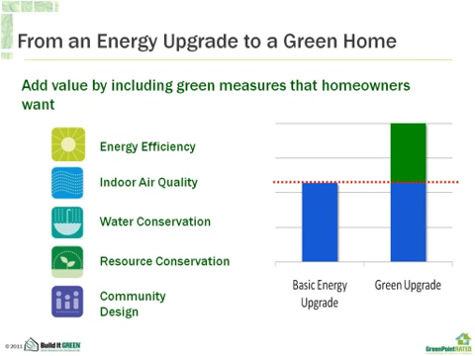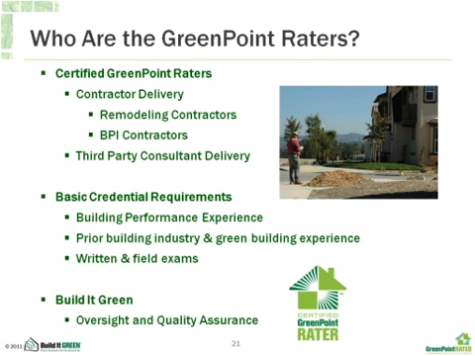The work is done by green contractors and by Greenpoint raters. So Greenpoint Rated Existing Home is a label, just like HERS rater is. HERS certificate is a label for energy upgrades. The Greenpoint Rated is a label for a green house, covering the 4 categories that we talked about.